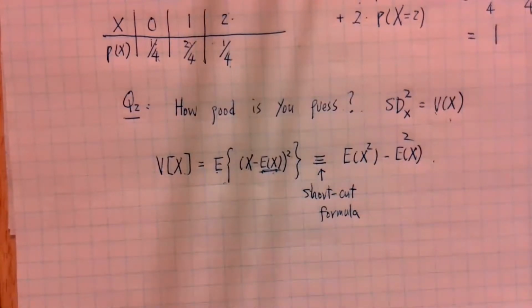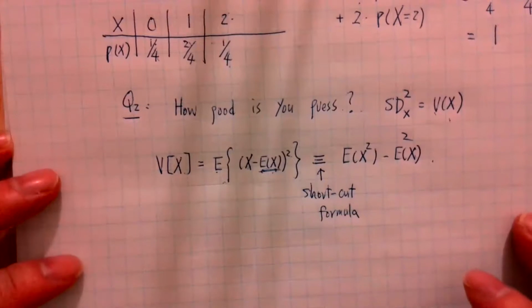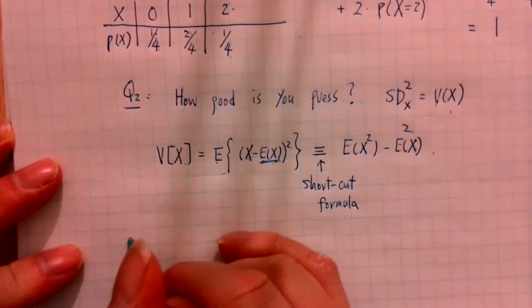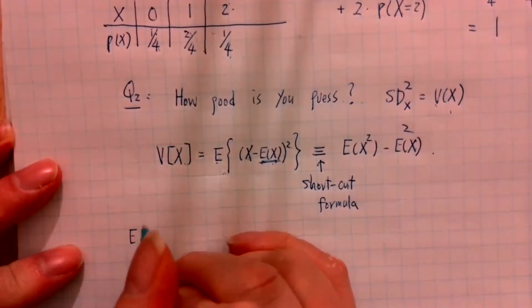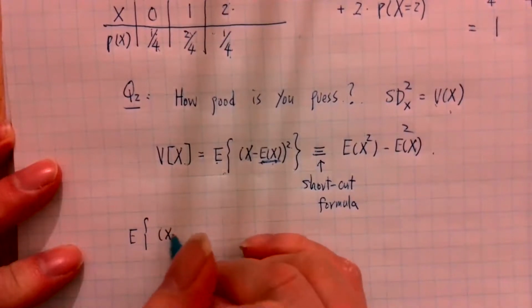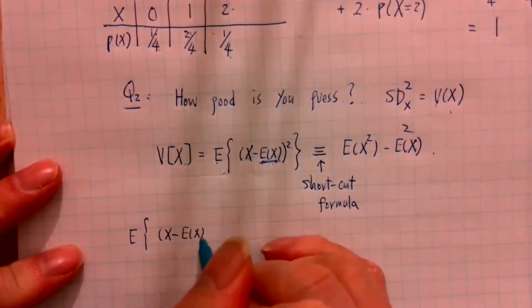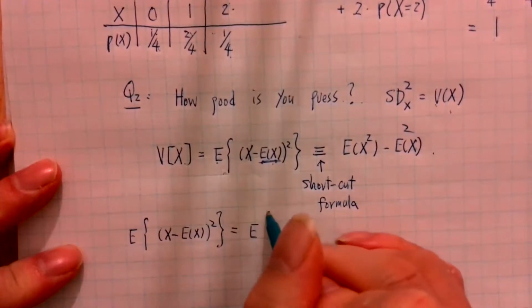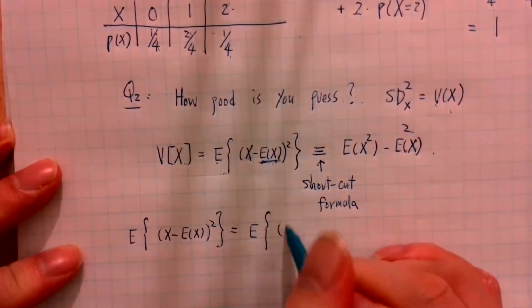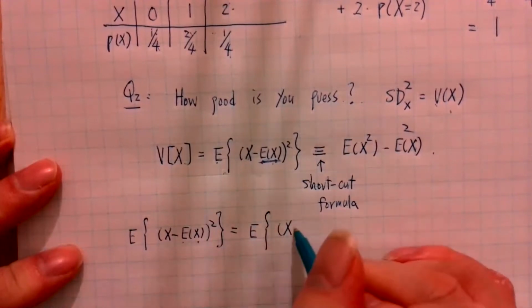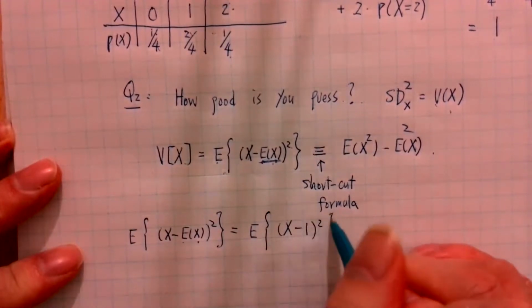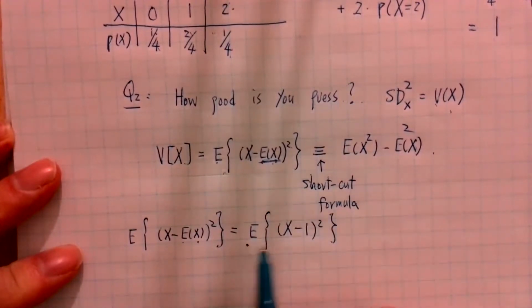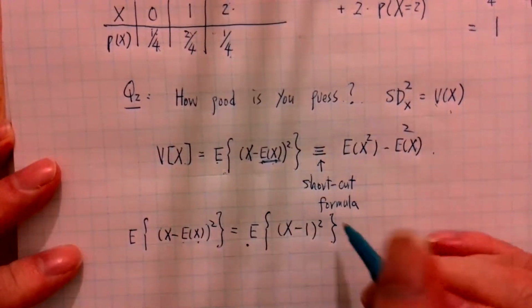Apply to our example, in our example, E(X) is 1. So this is the expected value of (x minus 1) squared.